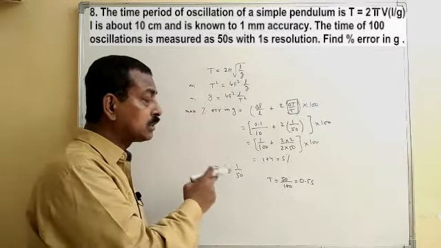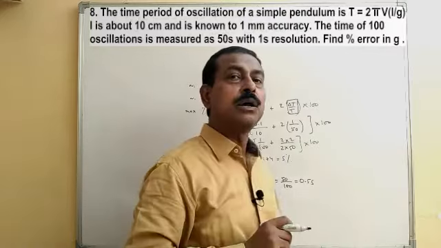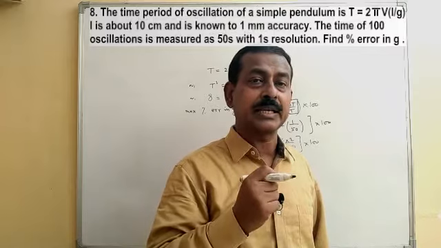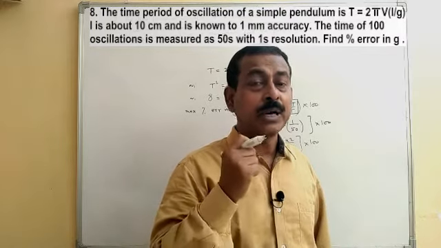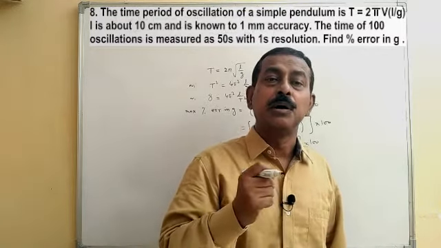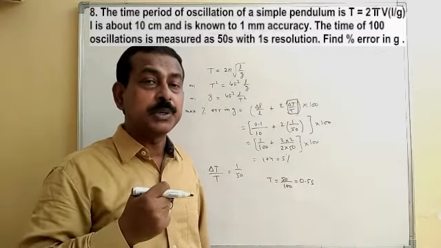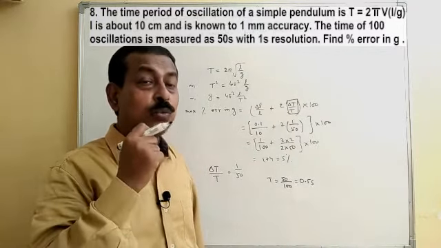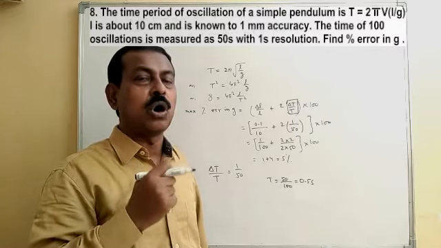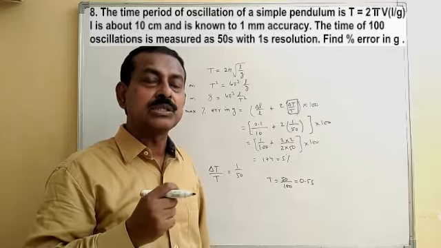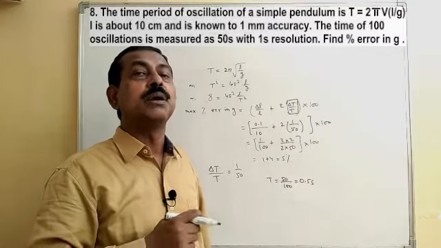But of course, this also indicates why we should not take the time of only one time period. Why we should not record the time only for one oscillation, because in that case the error will be too much.